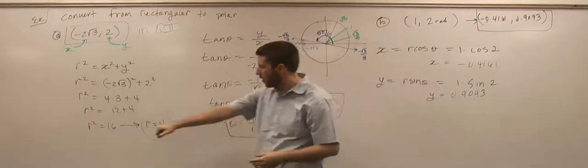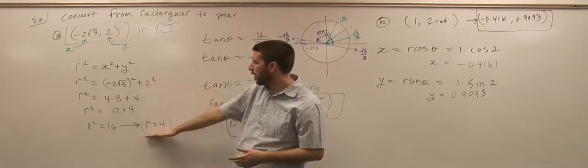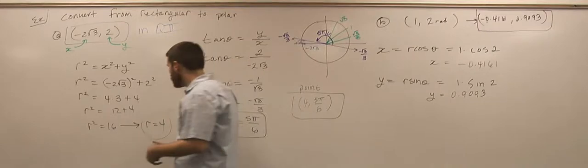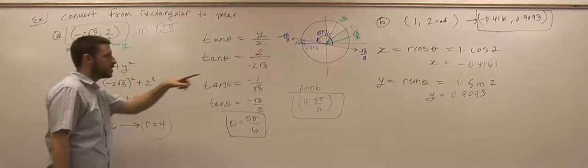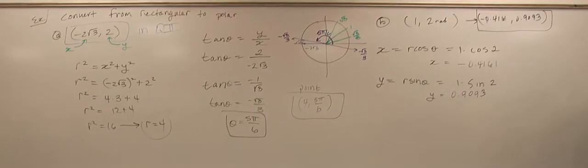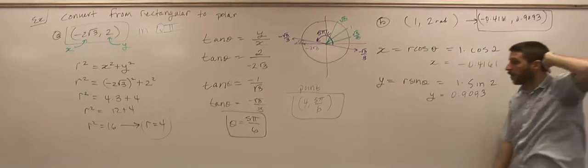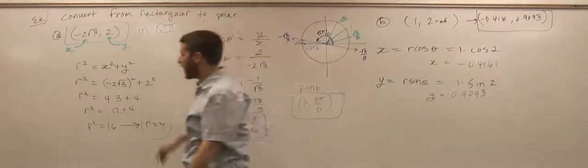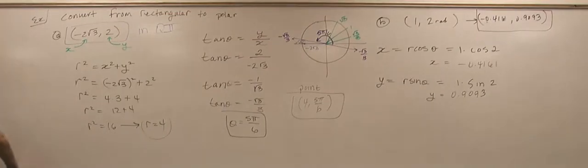Once you solve for r, then because you have r, x, and y, you can really use any of these equations. You don't have to use tangent if you don't like tangent. If you're better with sine, use sine. What would I have set up if I wanted to use sine instead of tangent here?